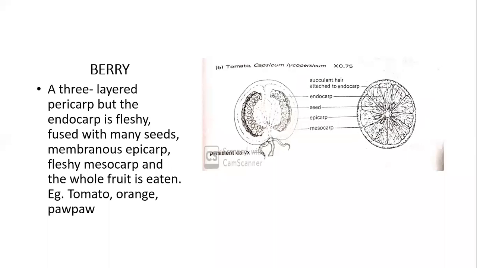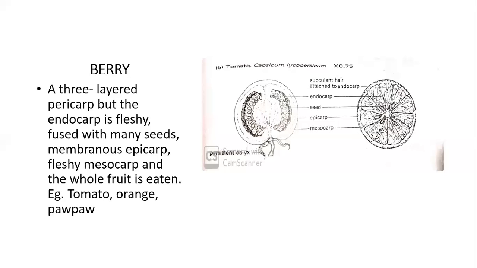Examples, you have tomato, orange. So as you can see, the image on your left is a tomato, then that on your right is an orange. So the endocarp of these berries are fleshy, fused with many seeds. So the seeds are fused around or on the endocarp.